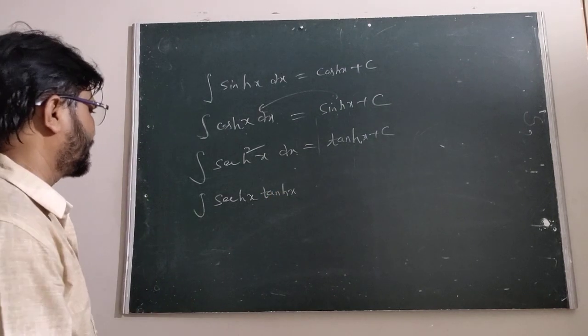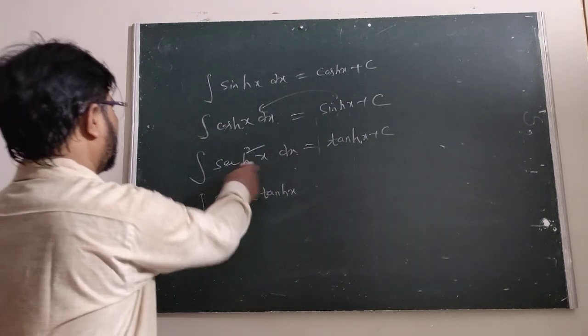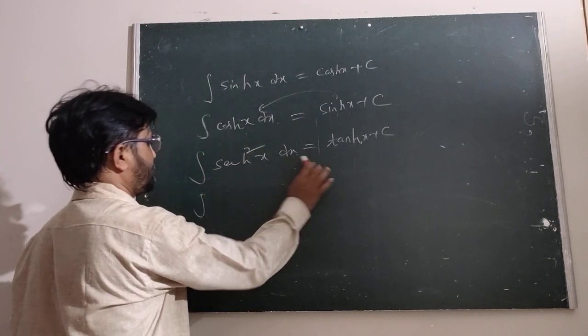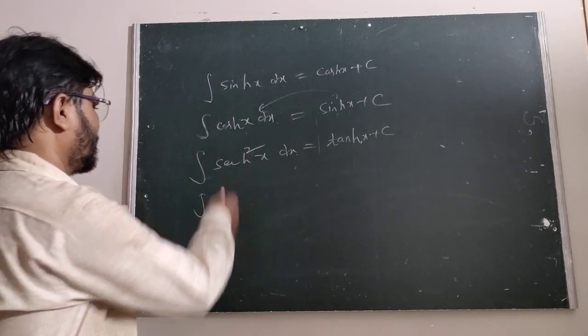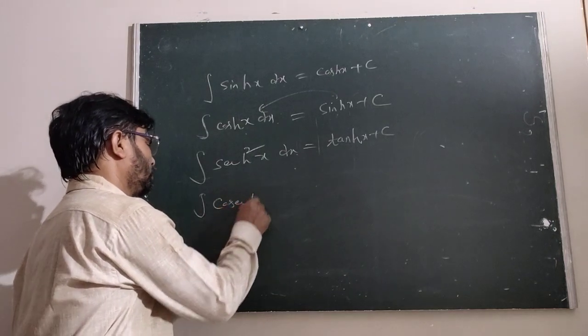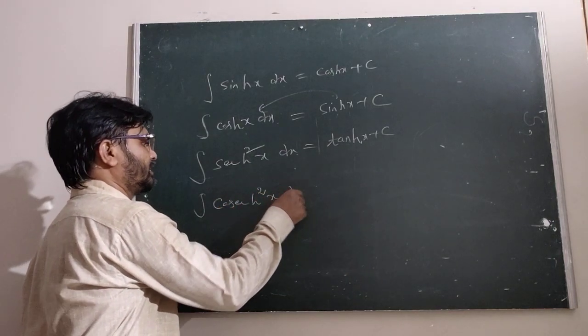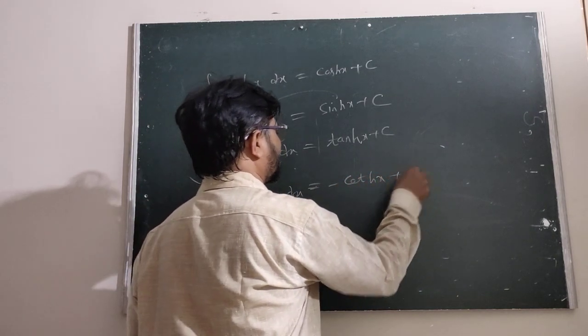The integral of cosecant h square x dx is minus cot hx plus c.